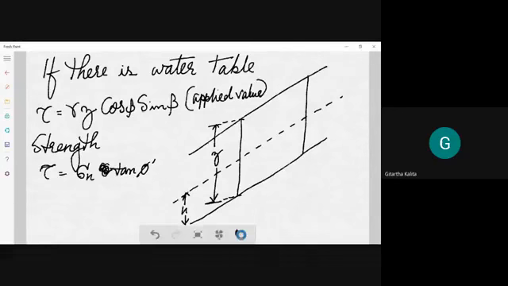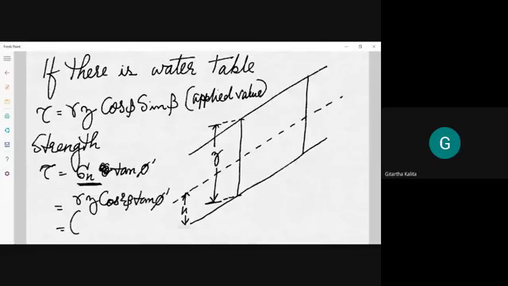So in that case, this sigma n will get affected. Earlier the sigma n was gamma z cos square beta, so the strength was gamma z cos square beta tan phi.